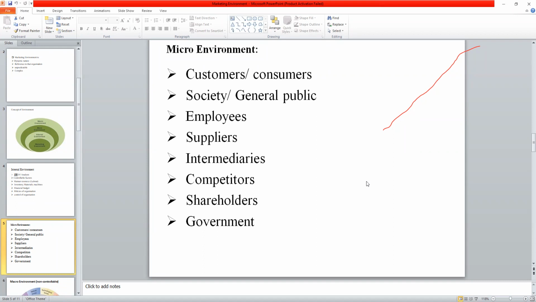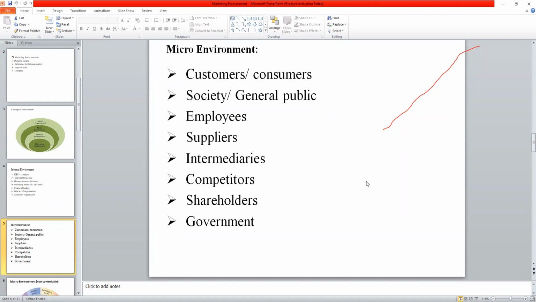Now here a very good example of this government intervention is during the COVID-19 crisis. Whether the restaurants would be full-fledged, whether they would be allowed, or whether it will work on 50%, whether public transport is allowed, whether the tours and travel operators are given leverage, or whether there are constraints. So many of the businesses were affected during COVID-19 based upon the government decision.